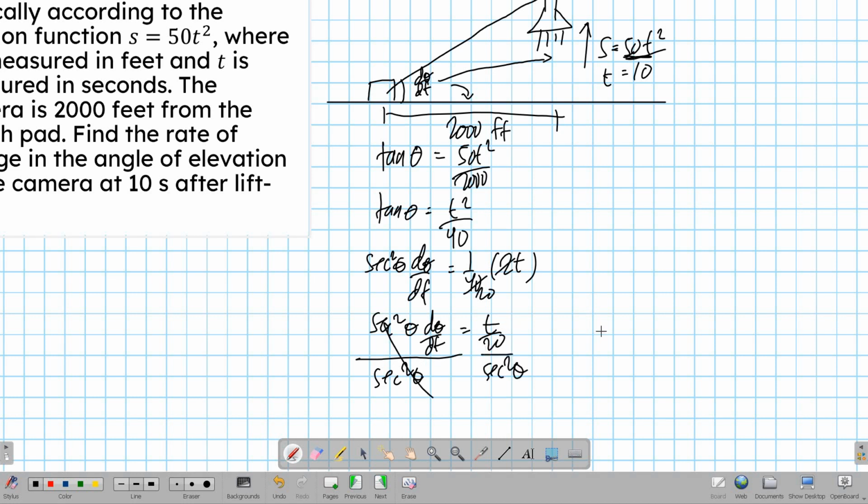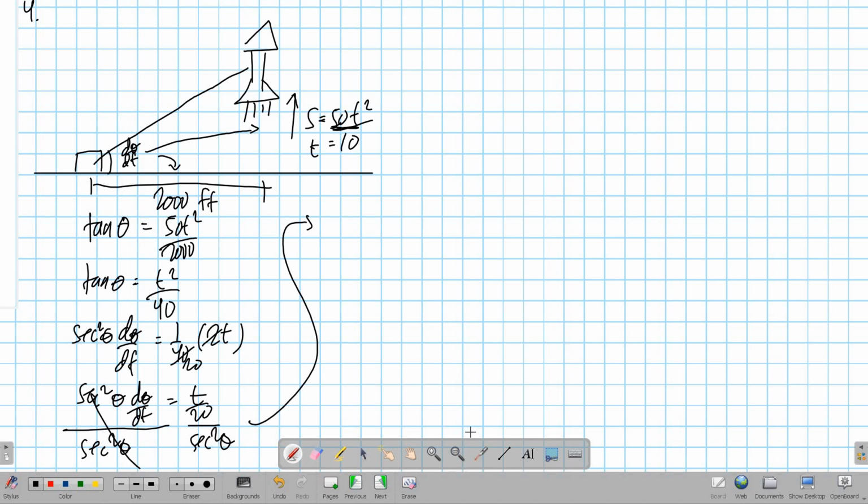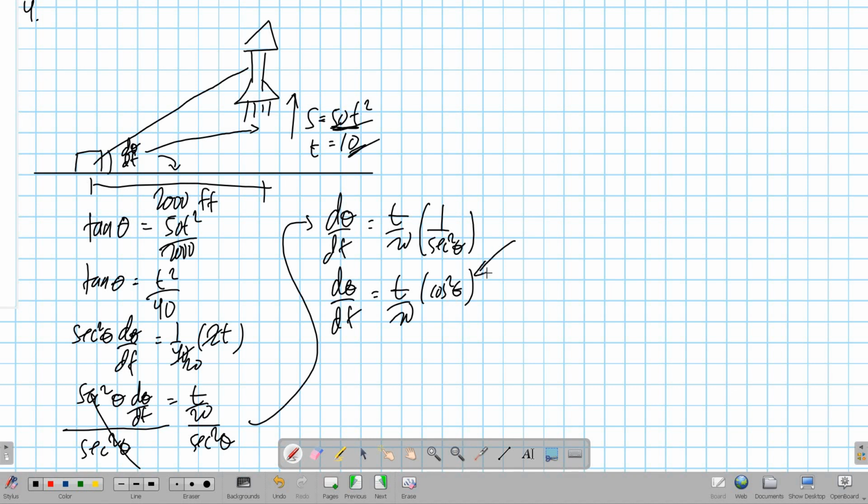Dividing by secant squared theta is the same as multiplying by 1 over secant squared theta, so d theta over dt is equal to t over 20 times cosine squared theta. Now the question is, we have t, then what is cosine squared theta?